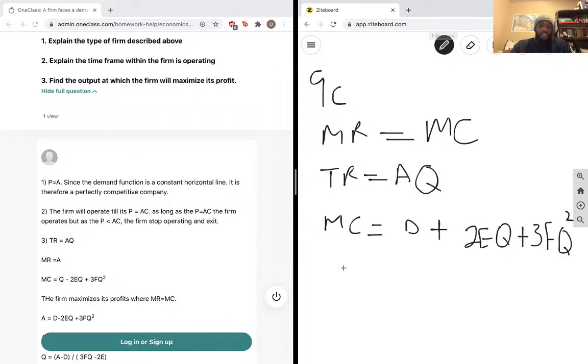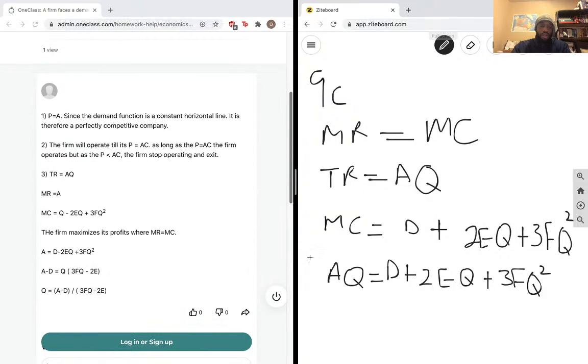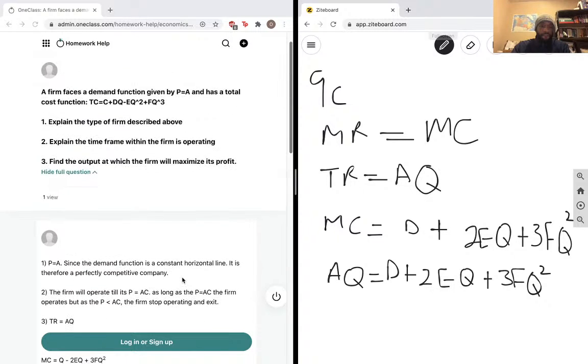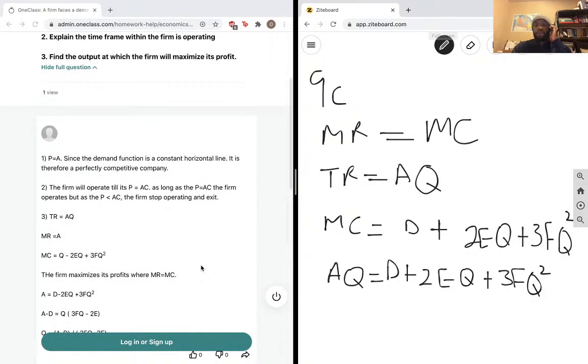And the firm will maximize its profits when A equals D plus 2EQ plus 3FQ squared. And we need to find the output in which this happens.